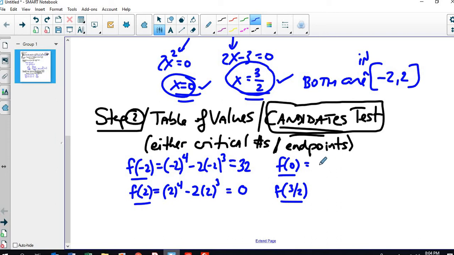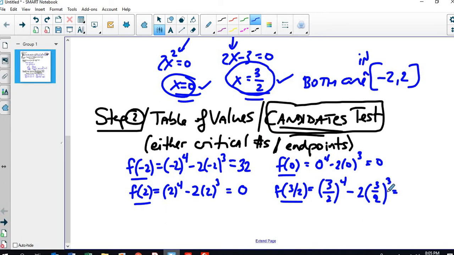And so you plug in 0, you get 0 to the 4th minus 2 times 0 cubed. That's also 0. All right, and then when we plug in 3/2, not something I'm going to really want to have to do without a calculator, but luckily I don't have to. 3/2 to the 4th minus 2 times 3/2 to the 3rd.